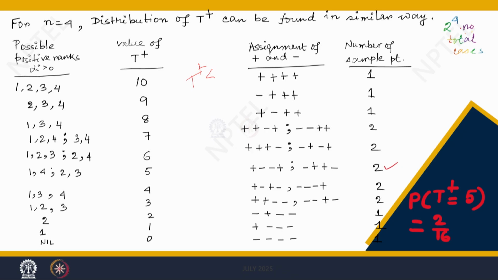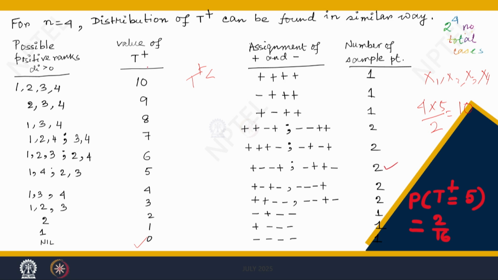Since you are dealing with 4 observations, x1, x2, x3, x4, the maximum sum of the ranks will be n into n plus 1 by 2. So 4 into 5 by 2, which comes as 10, and the minimum sum of the ranks for the positive observations will be 0.